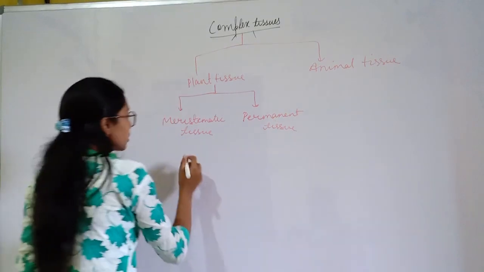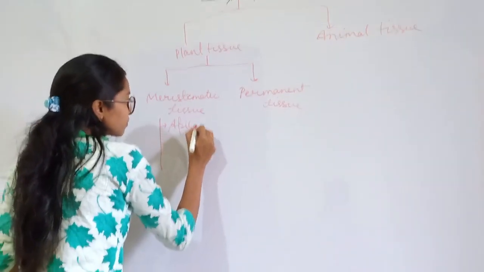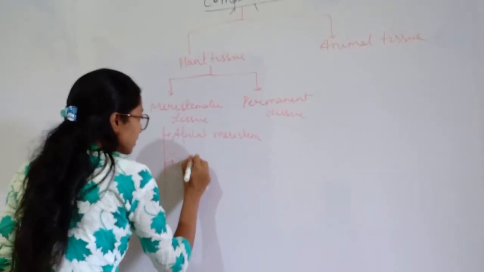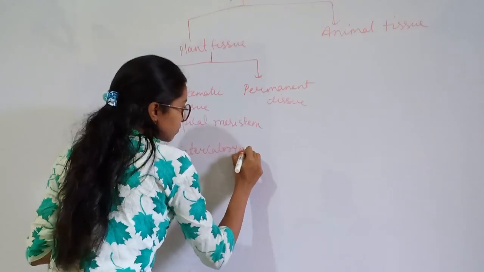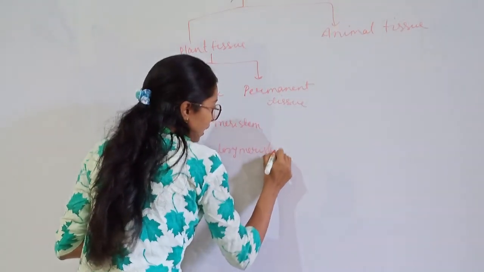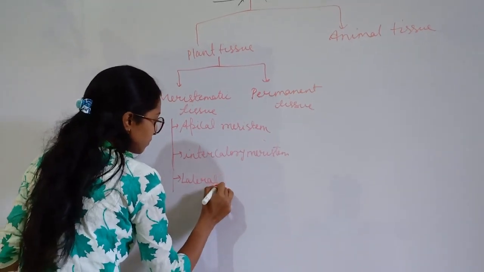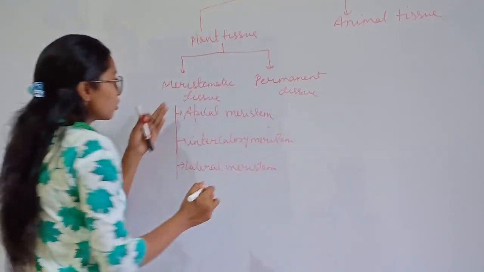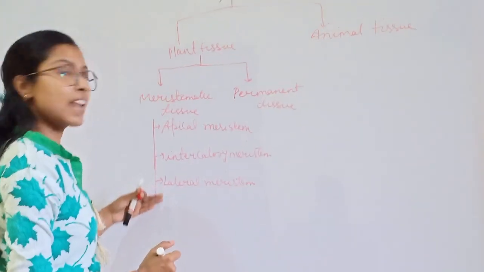Now meristematic tissue was again divided into apical meristem, intercalary meristem, and lateral meristem. We all know what are the functions of the apical meristem, intercalary and lateral meristem.